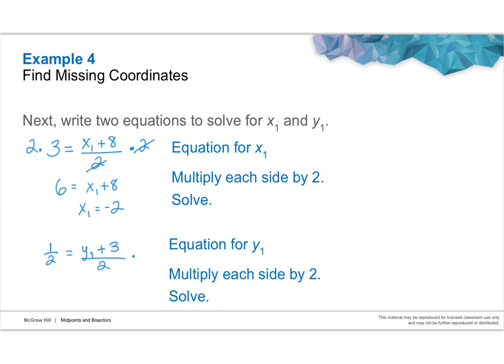Again, our process is to get rid of that fraction by multiplying both sides by 2, and simplify to find that y1 value. In this case, y1 happens to come out to negative 2 as well. So our final answer for the coordinates of A is (-2, -2). It's just a coincidence that those coordinates are the same.